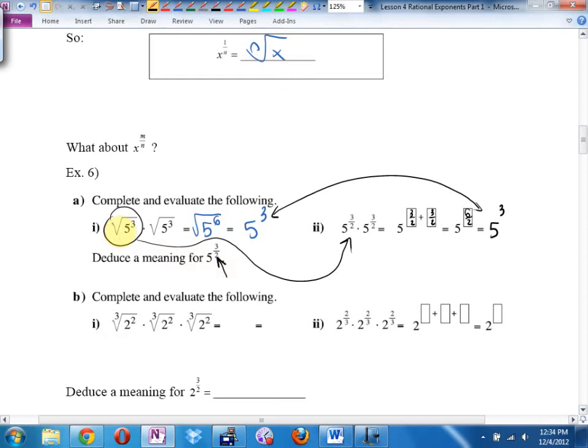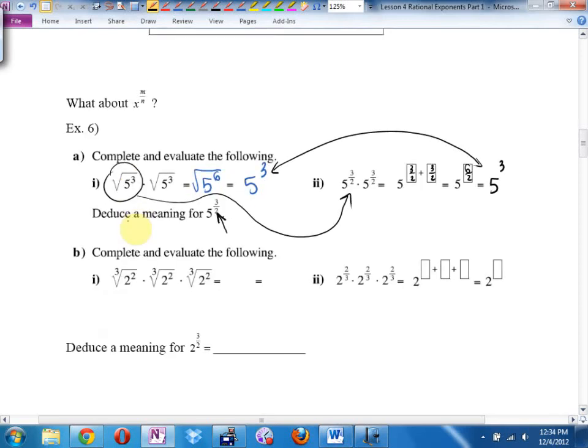What root is this? Square. Where'd the 3 come from? What's the exponent on the number inside the root? 3. You guys with me? You guys are looking a little out of it.